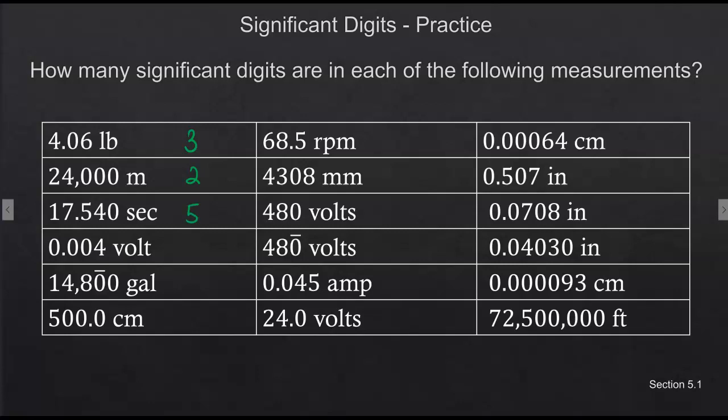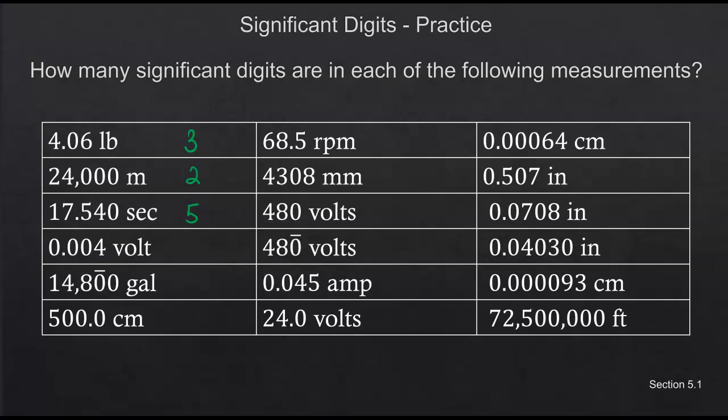All of them are significant, and this 0 is at the right of a decimal number, so that makes it significant. That's basically saying that this measurement is accurate to the thousandths place, right? We were able to measure it that way.